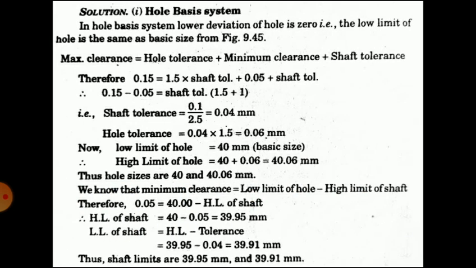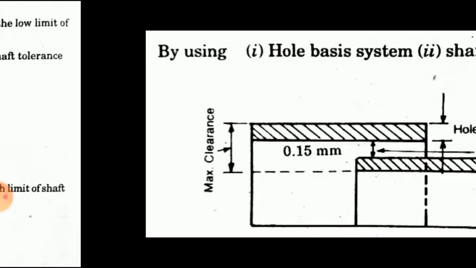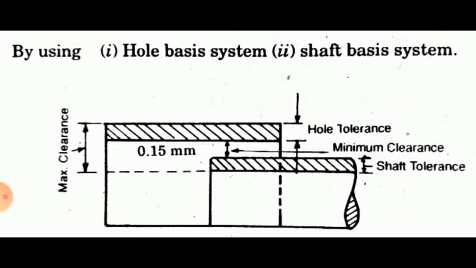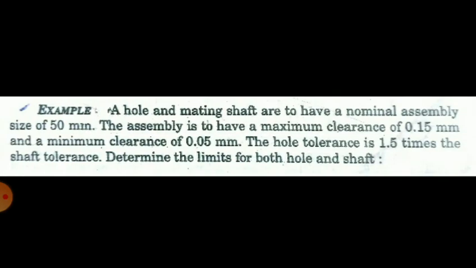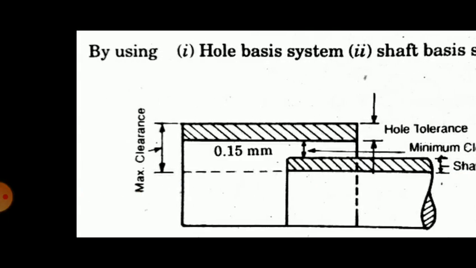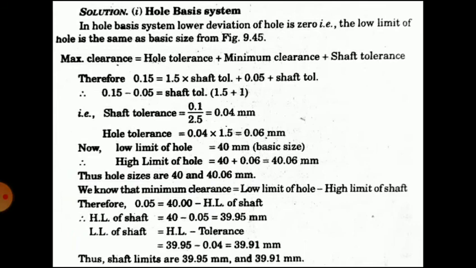Okay. So in the hole basis system, the lower deviation of the hole is 0, that we know. That is, the lower limit of the hole is the same as the basic size. So the lower limit will be equal to the basic size. The basic size is given as 50 mm, so the lower limit of the hole will be equal to 50 mm.